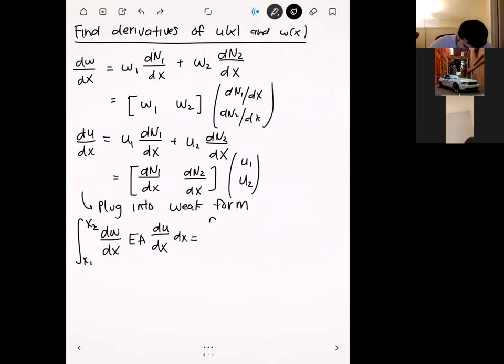Okay, so we have integral from x1 to x2.